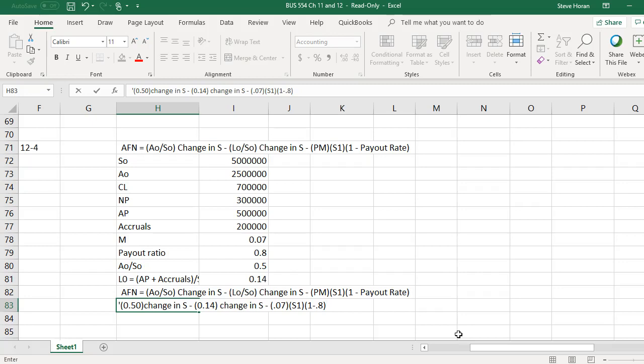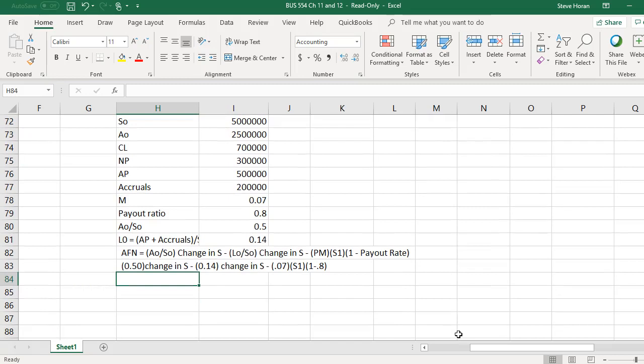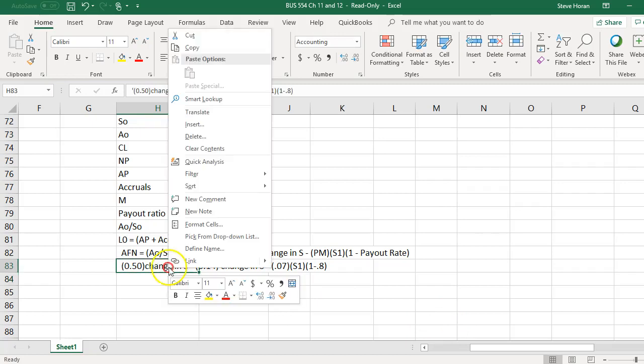And ultimately what we do is we can just keep solving for that using algebra. And I'll show you, we'll keep on doing that here. So the next line would be, let me start by copying this one here.